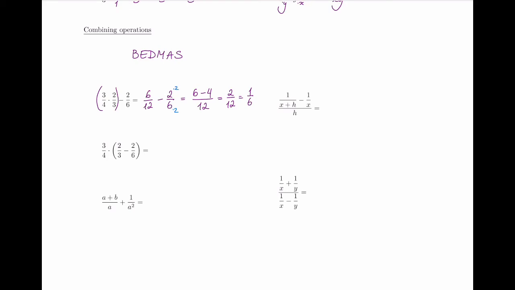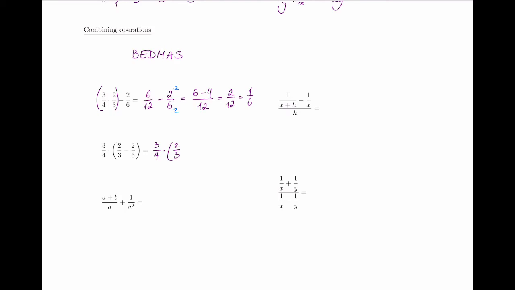All right, now if I have the brackets around here, then I have to perform what's in the brackets first as opposed to here. Sometimes the brackets are implied, sometimes they're explicitly stated. So I'm going to first of all subtract these two from each other. And here I will first of all simplify this 2 over 6 to be 1/3, because that will actually make my life quite a bit easier right away.